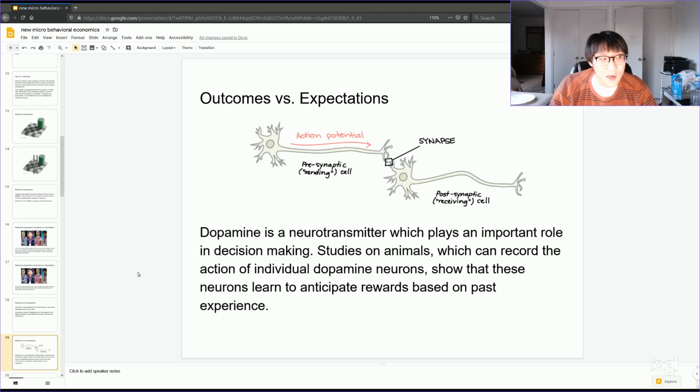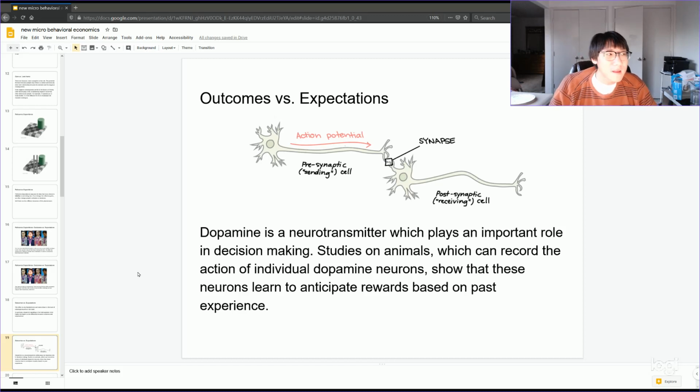Dopamine, serotonin is another example. Glutamate is an example. These neurotransmitters modulate the activity in the brain, and one of the most important neurotransmitters is dopamine. And dopamine, especially in the frontal cortex of the brain, plays a very important role in how people make decisions.